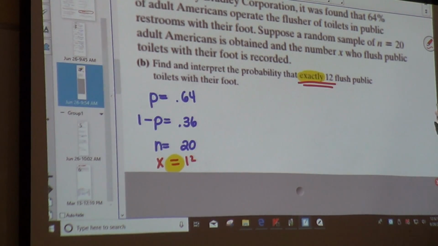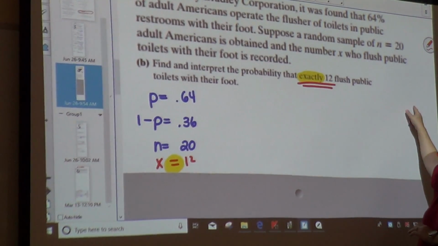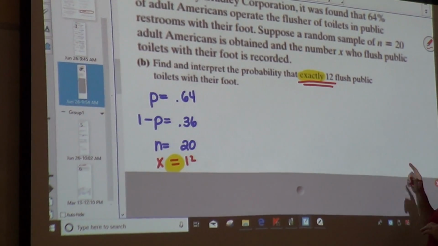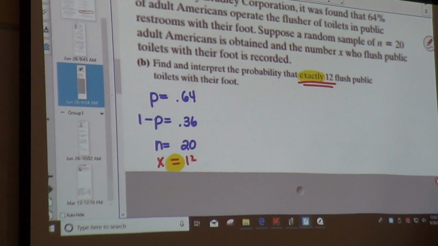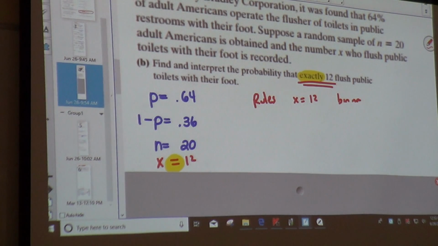So if we come over to the rules, X equals 12 means we're going to do the PDF. From our rules, we do the binomial PDF.